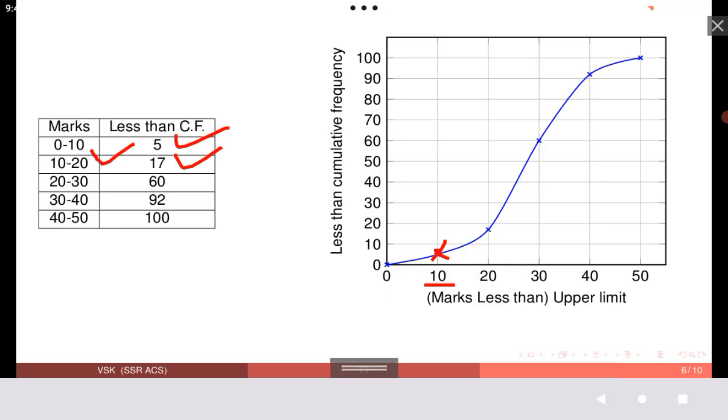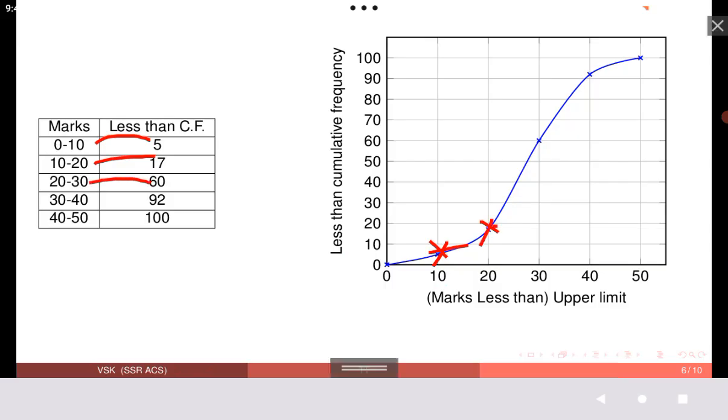Since the total frequency is 100, we have taken the axis values 0, 10, 20, 30, 40 and so on, so that we can identify the points. Corresponding to 10, we'll mark 5. So this is the first point. Corresponding to 20, we'll mark 17. So this will be the point.